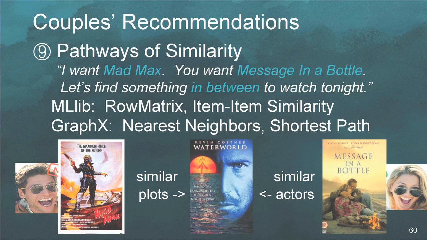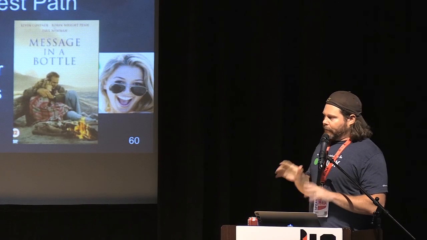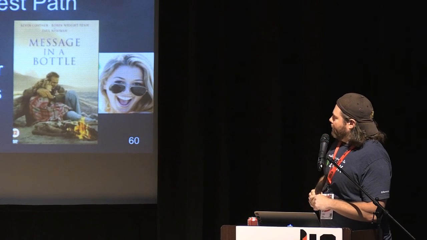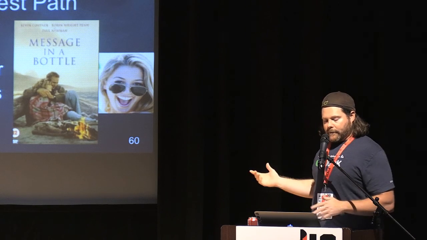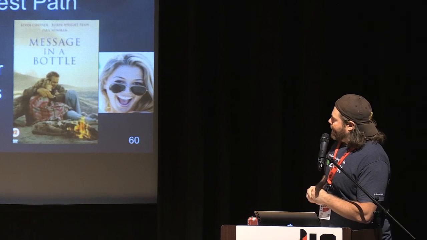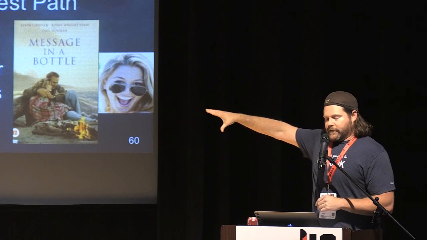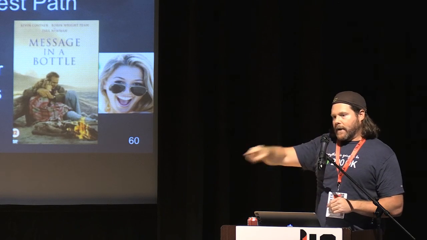There's another cool demo I've seen. I think this was the GraphLab guys that built this. They haven't open sourced it yet, I think, because they're using IMDb, so they're probably a little nervous about it. If you're a couple, it's a Friday night, you put your kids to bed, and you're trying to figure out what to watch on, probably Netflix. You put in your personal preference, at that moment they put in theirs, and it'll generate this pathway.